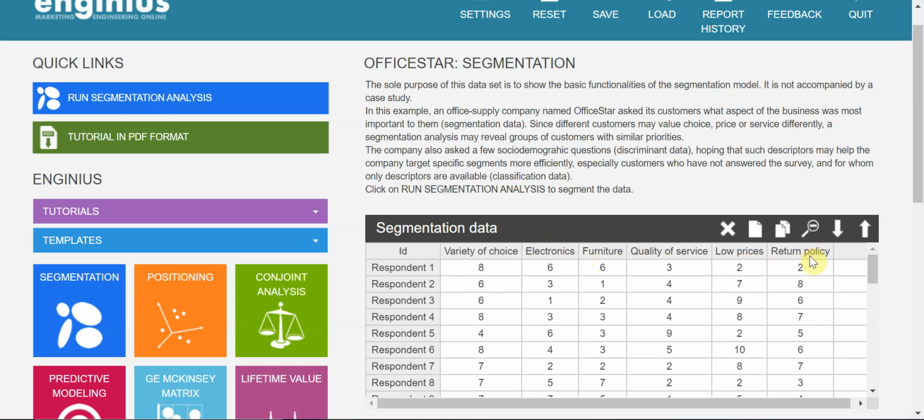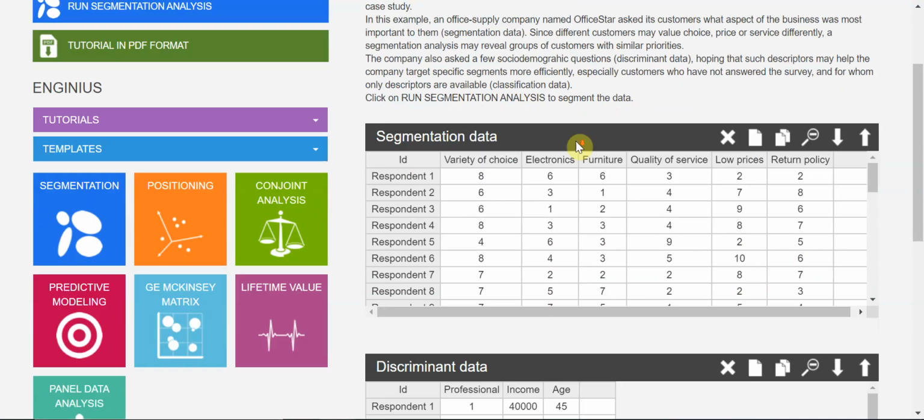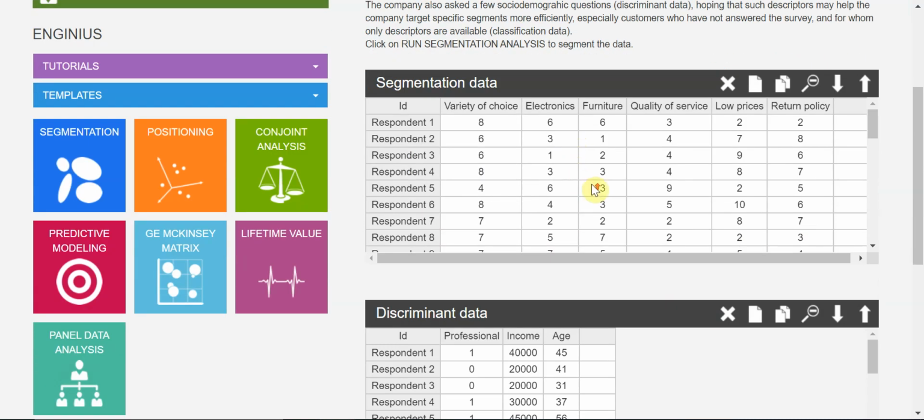Respondents answer differently to these different attributes, so we can find out the different needs in the market using the different ratings. Anyway, we can segment the market and make a targeting decision using segmentation data.